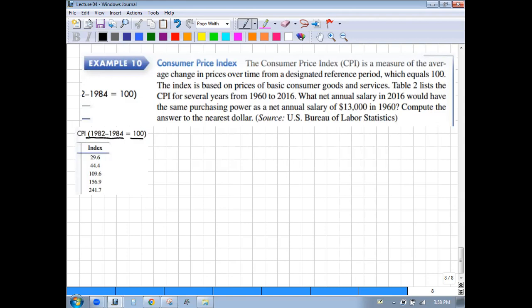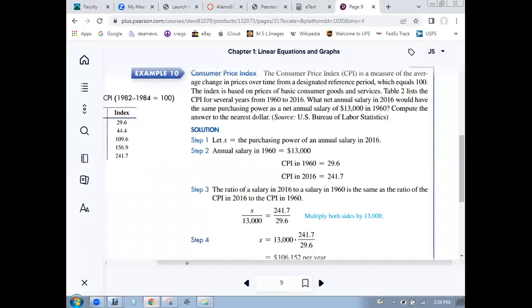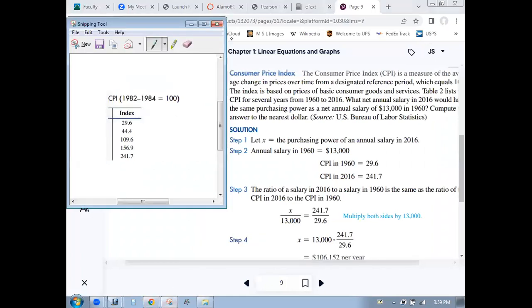They're fixated on 100 here, and they're looking at the average change in prices. The index is based on prices of basic consumer goods and services. Table 2 lists the CPI for several years from 1960 to 2016. I'm missing part of the chart here. Oh, there we go. That makes more sense now.